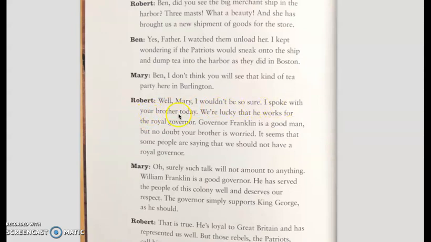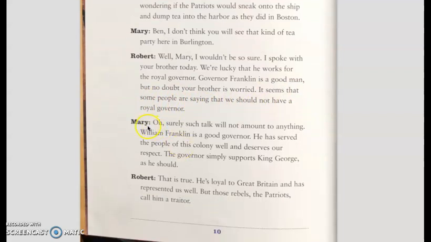I spoke with your brother today. We're lucky that he works for the royal governor. Governor Franklin is a good man, but no doubt your brother is worried. It seems that some people are saying that we should not have a royal governor. Mary. Oh, surely such talk will not amount to anything. William Franklin is a good governor.